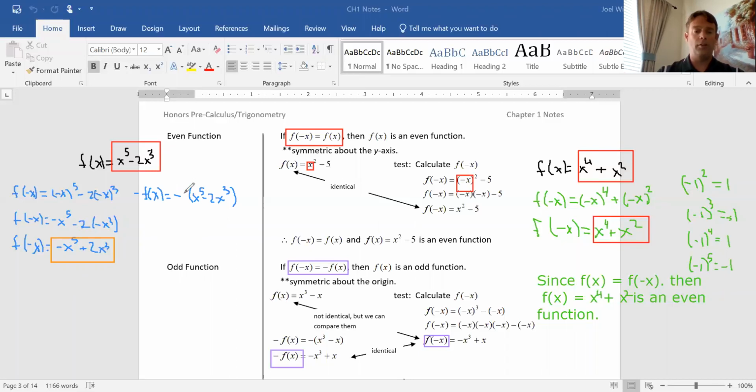We're multiplying by a negative 1. So negative f of x is negative x to the fifth plus 2x cubed.